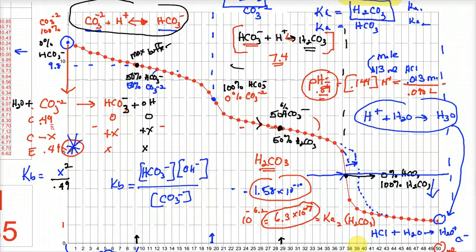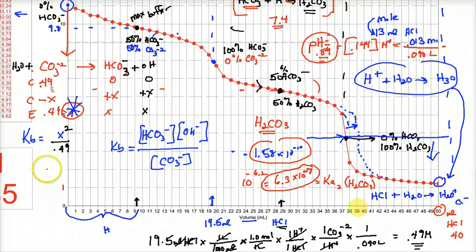Now, what is our Kb? Well, our Ka is 1.58 times 10 to the negative 10, and you should know that Ka times Kb equals Kw. So I should be able to solve for my Kb: 10 to the negative 14, which is my Kw, divided by my Ka. Let's do that on the calculator.